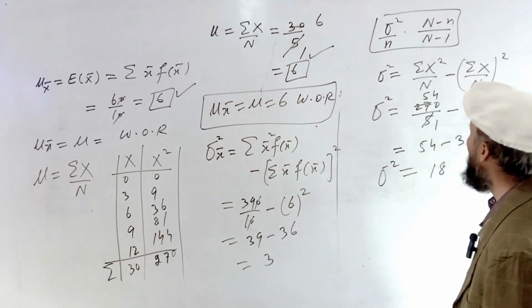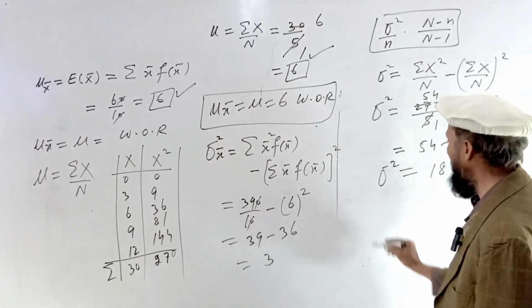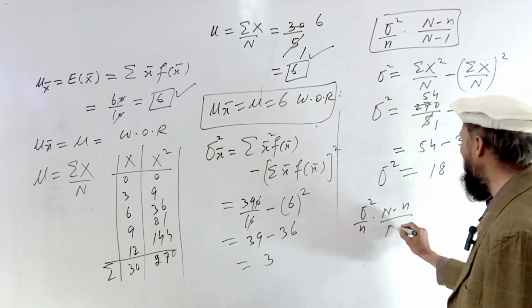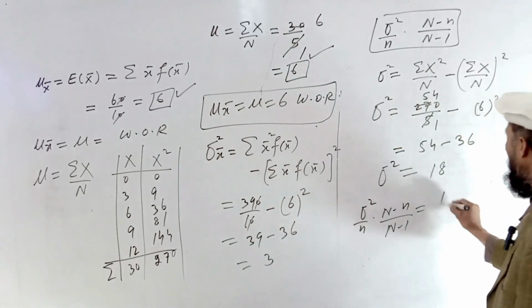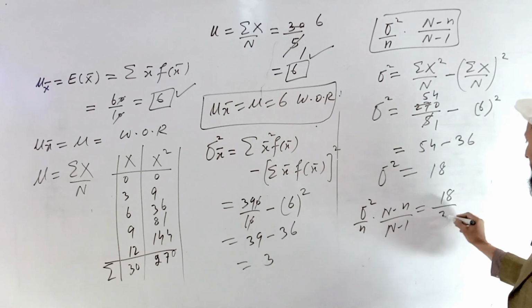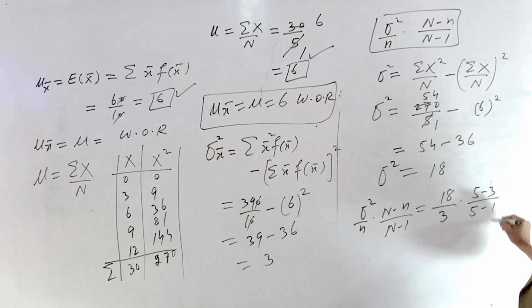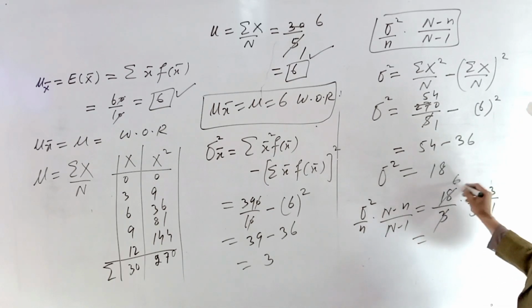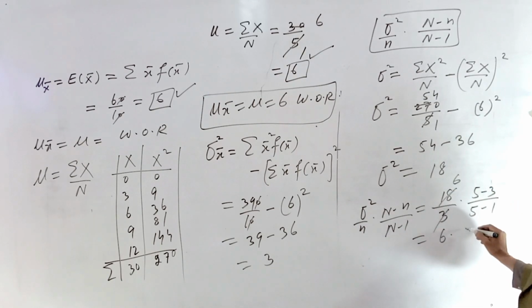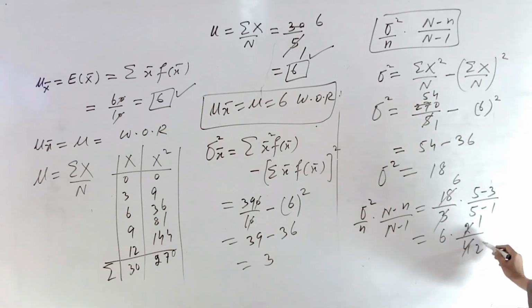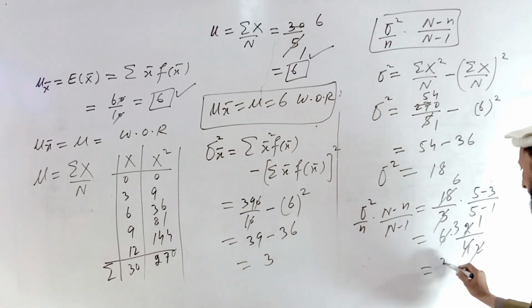Sigma square is 18. Now substitute the result in the above formula: sigma square divided by n times N minus n divided by N minus 1. So sigma square is 18 and n we get 3, N minus n is 5 minus 3, and N minus 1 is 5 minus 1. So 18 divided by 6 is 3, 5 minus 3 we get 2, and here is 4, and the result is 3.